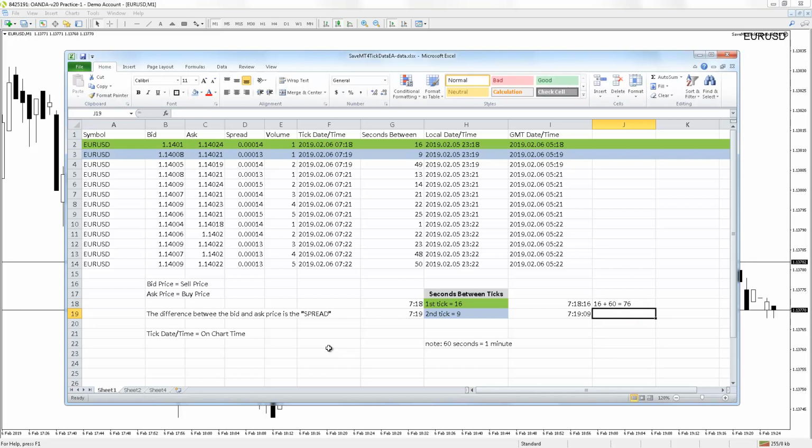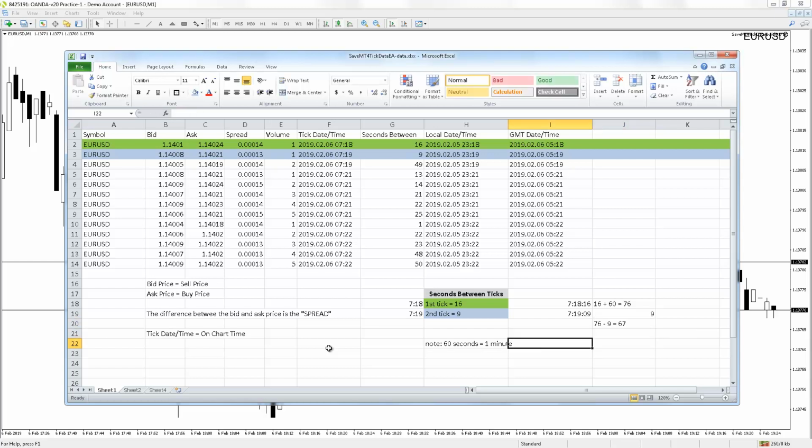And then we're going to take 9, and do the subtraction, 76 minus 9 equals 67.